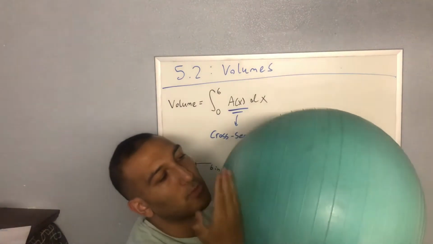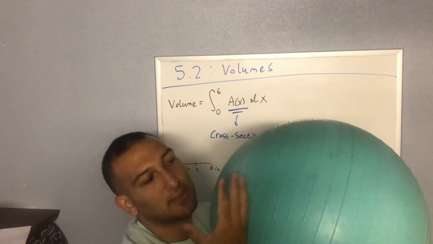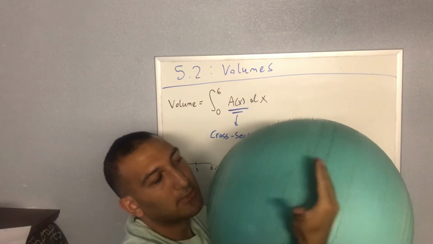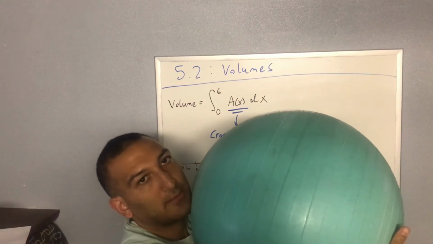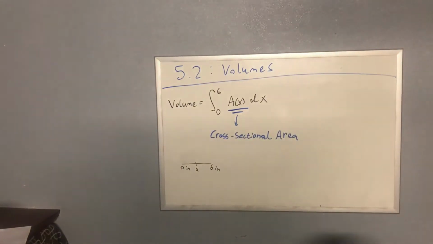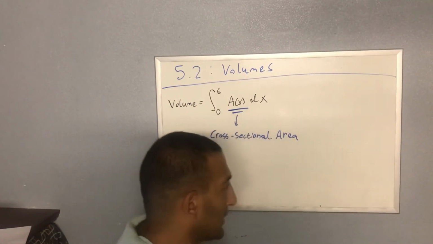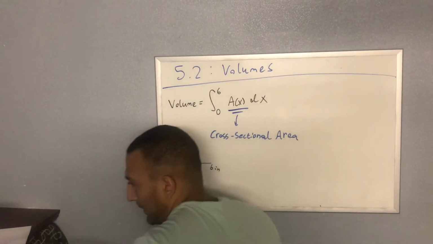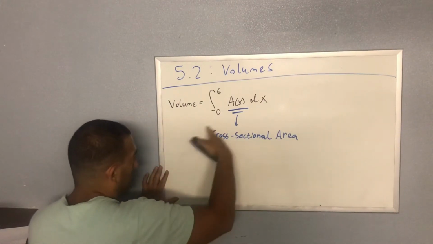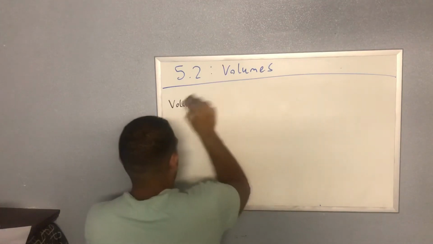And then as you get toward the middle, the equator, each cross section is going to be a larger and larger circle until you get to the equator, and then it starts decreasing again until you hit a point at the very other end. So the cross sections here of a sphere, at least when we're cutting it the way I showed you, are circles of varying radii. So let's calculate the volume of a sphere using this formula.